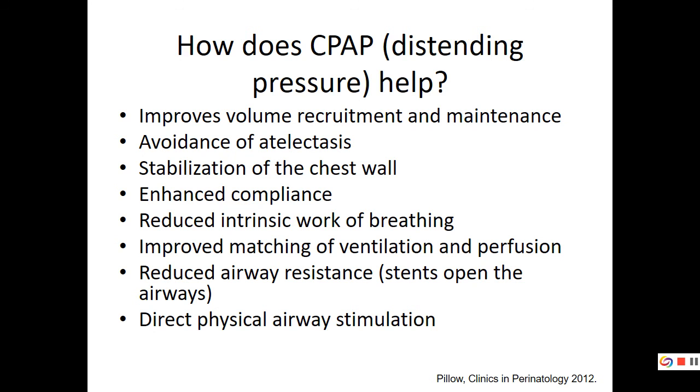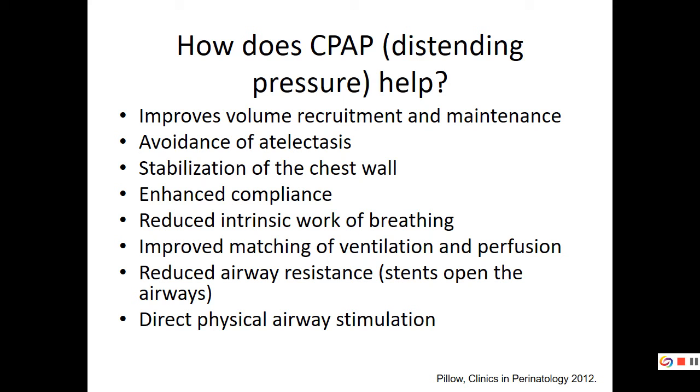So how does CPAP, which I'm also calling the stenting pressure, help? It improves volume recruitment and maintenance. It avoids atelectasis, stabilizes the chest wall, which is extremely important in some of our tiny kids who sometimes have relatively minimal lung disease, but their lungs have a tendency to want to collapse because the chest wall wants to kind of collapse down. So the CPAP helps kind of stent things open.